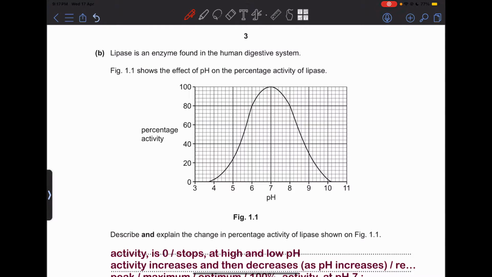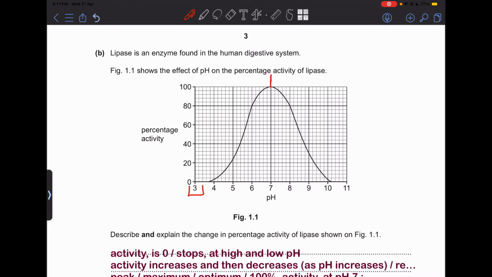Lipase is an enzyme found in the human digestive system. Figure 1.1 shows the effect of pH on the percentage activity of lipase. Over here we can see that as you change the pH, there is a difference in the activity. There was no activity at pH 3, and then it started increasing from pH 4 until it reached its peak, or its maximum, at pH 7.